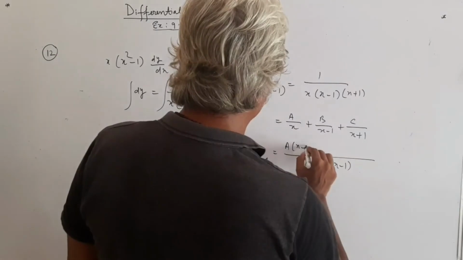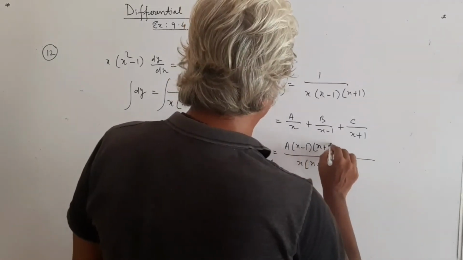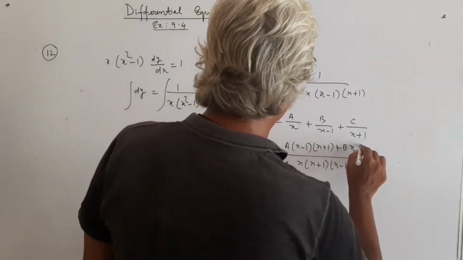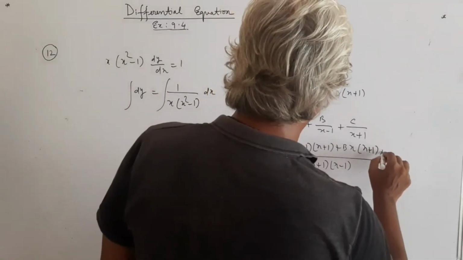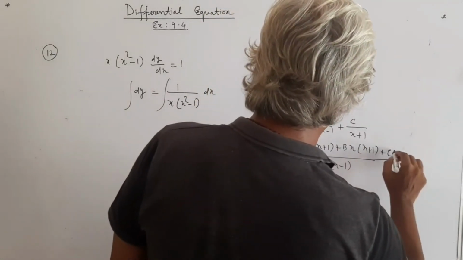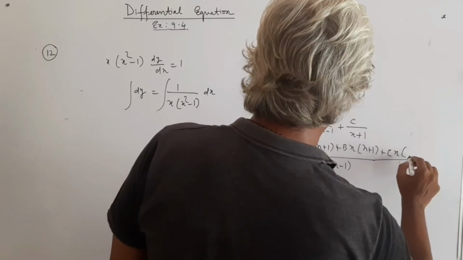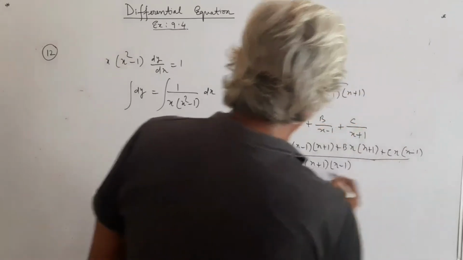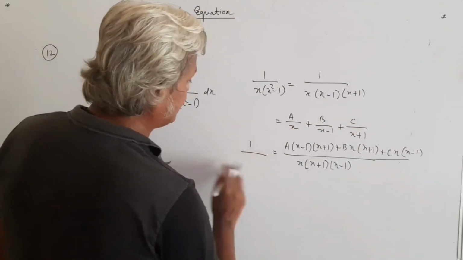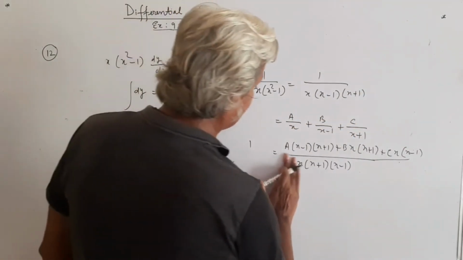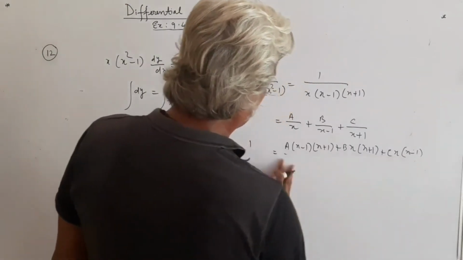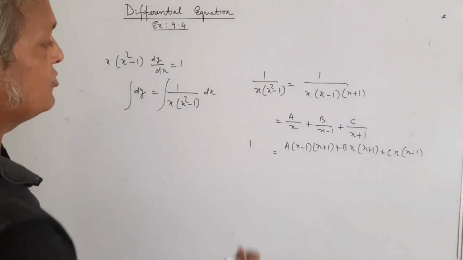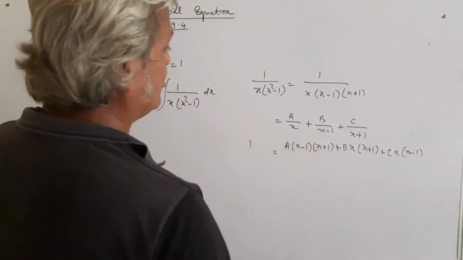This is a times x minus 1 times x plus 1, plus b times x plus 1, plus c times x minus 1, and this is 1 over the same thing. So I remove this denominator because we have to compare the coefficients only, and actually our task is to convert this. This is rough work also.